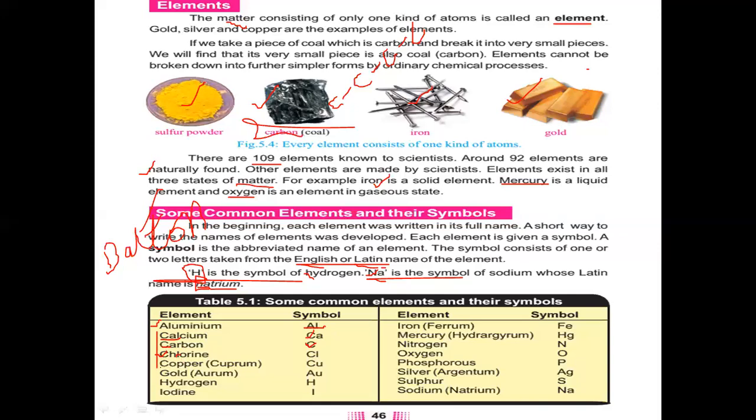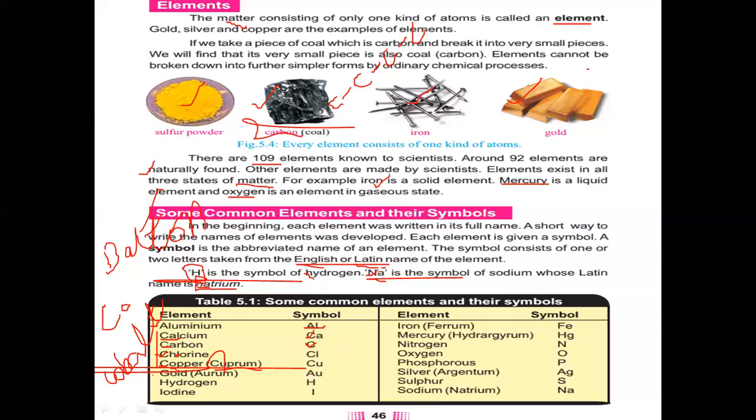And this is copper. It could be Co, but Co is the symbol for cobalt, so that symbol is C and small o, cobalt. So scientists have given copper the Latin name cuprum, and the first two letters of cuprum are given as the symbol.